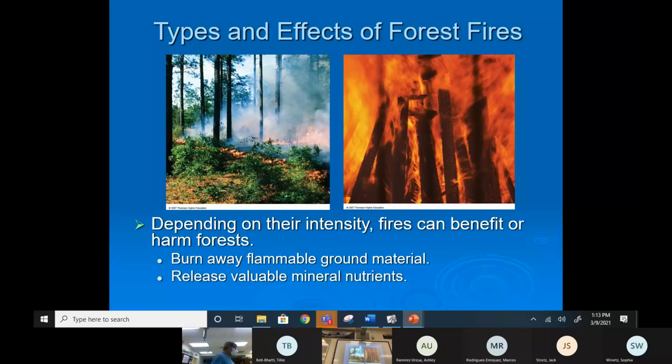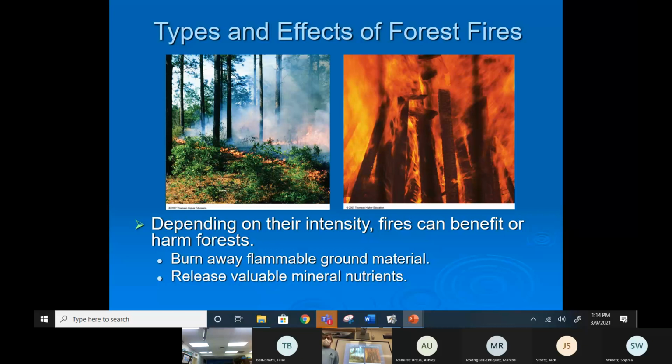So this goes into forest fires a little bit. And well, there's healthy fires and then there's harmful fires. So the fire on the left, see how it's a ground fire or a surface fire? And the fire on the right is like a crown fire. When we have the surface fire, it's going to reduce the amount of fuel that's building up.